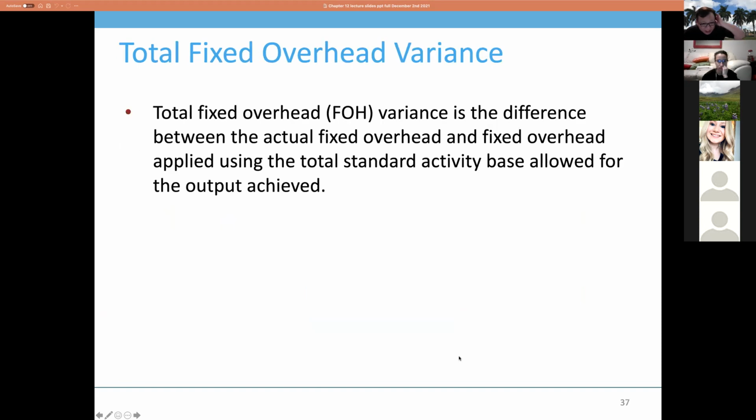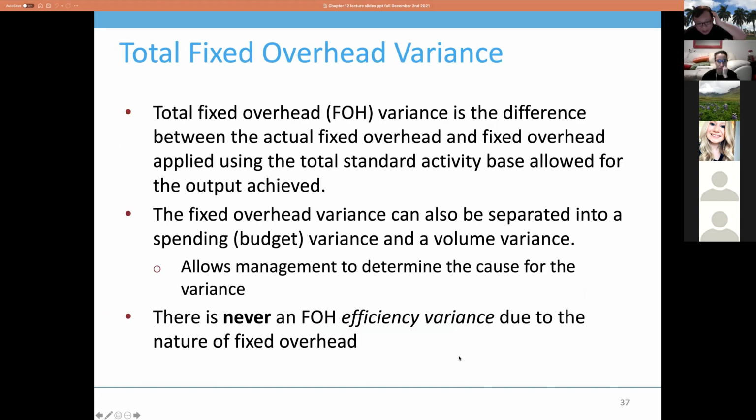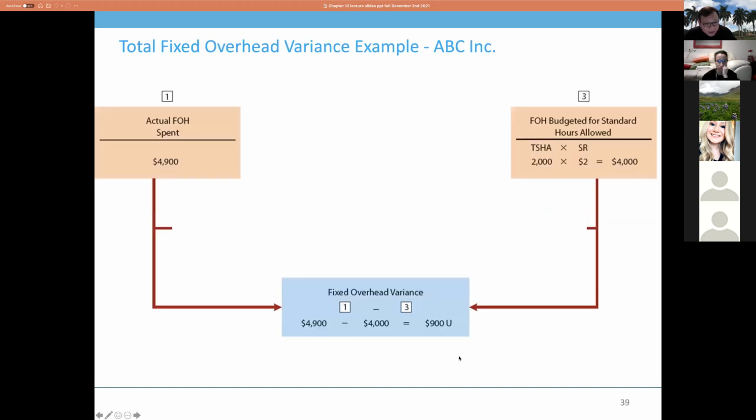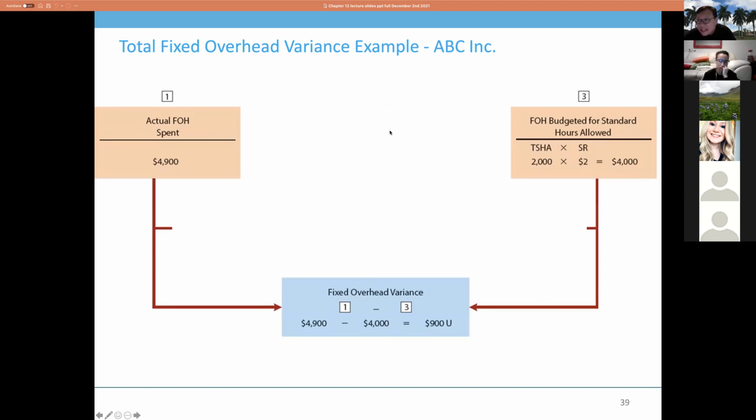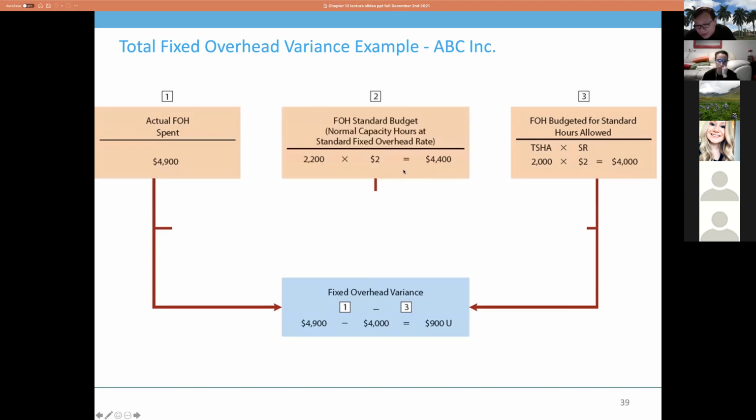But for the fixed overhead, there's a little bit of an exception, okay? For the fixed overhead, this number 2 is from your static budget. This number is not calculated by you. This number is directly from the static master budget, okay?